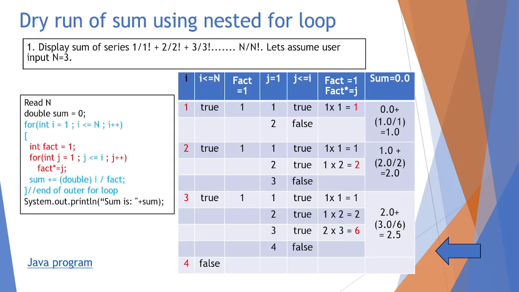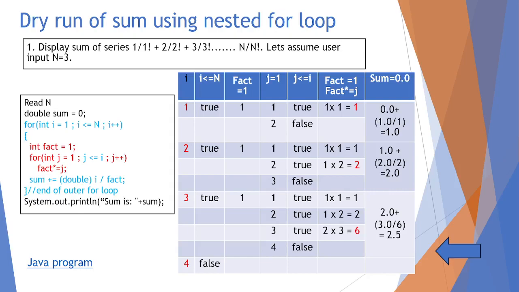The previous sum, 1.0, plus 1.0, which becomes 2.0. In the third iteration, sum is equal to double i, that is 3.0, upon factorial of 3 is 6. So 0.5. So initial 2.0 plus 0.5, answer would be 2.5.